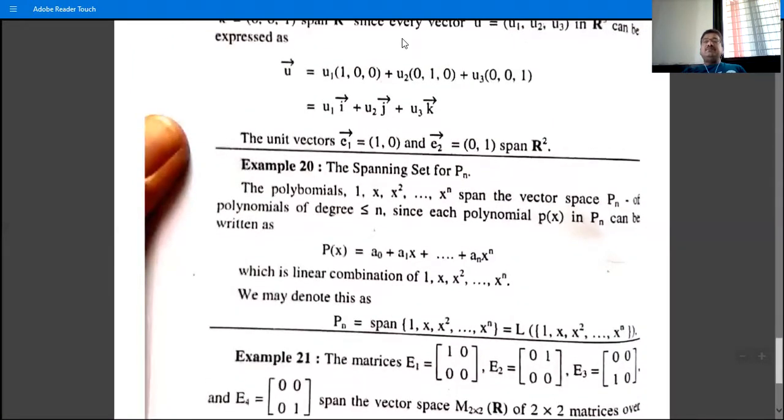So we have to write one important theorem on the linear span.